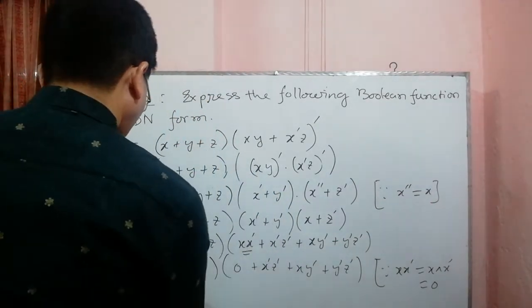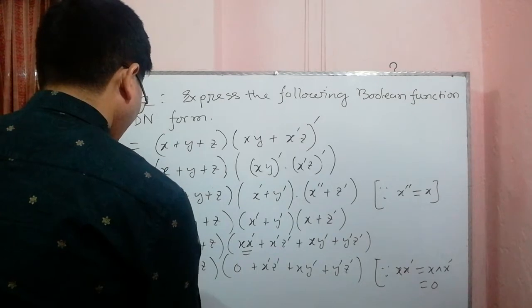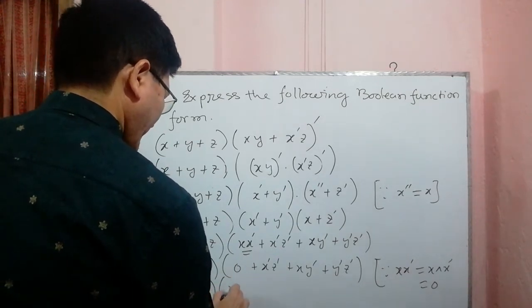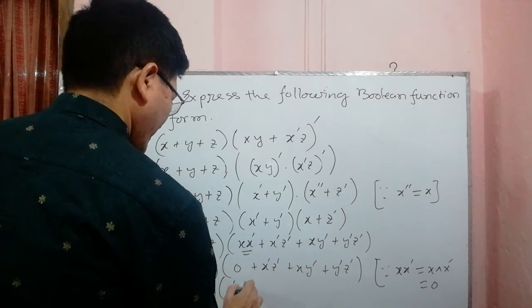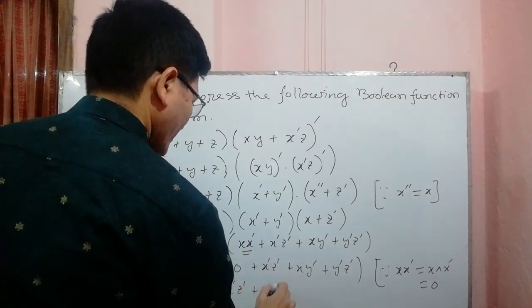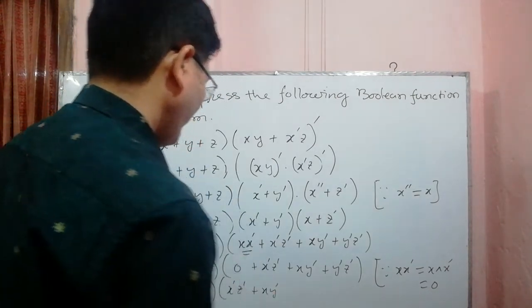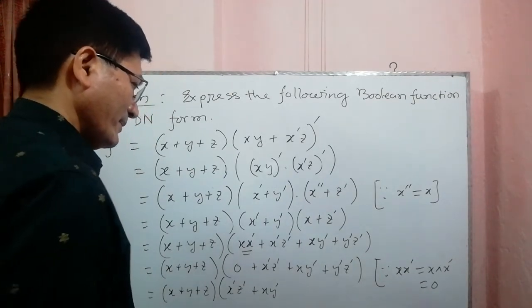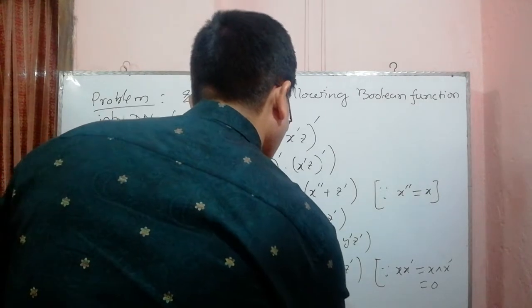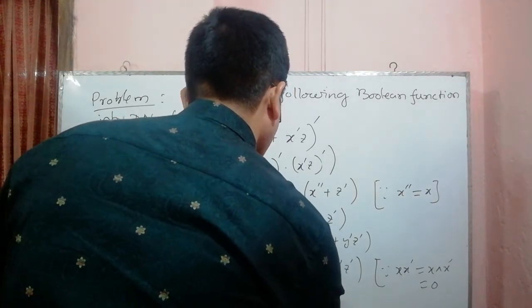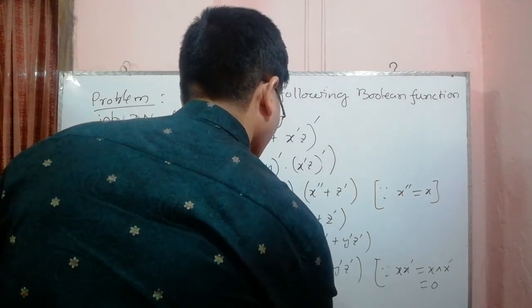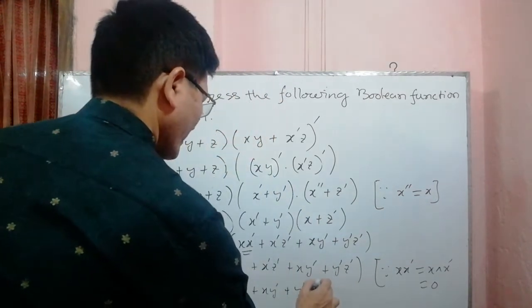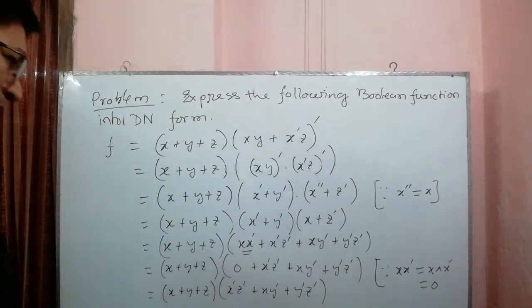Now the simplified form: x plus y plus z, x prime z prime, x y prime. Be very careful: x y prime plus y prime z prime, dear students.